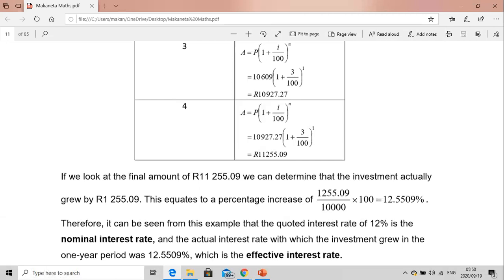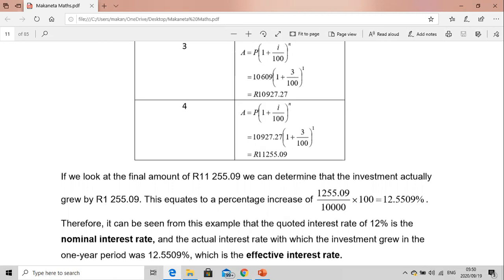If you want to check the percentage increase, you take the amount by which the 10,000 increased, which is 1,255 rands and 9 cents, and divide it by 10,000. Thereafter, you multiply everything by 100 in order to get 12.5509%.